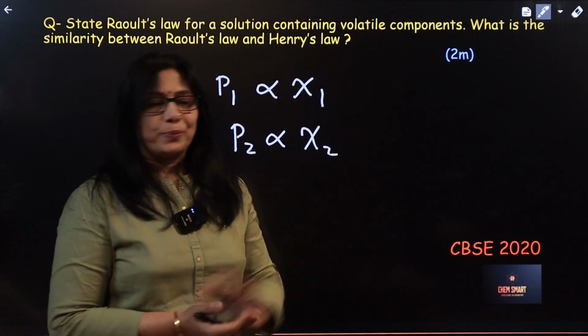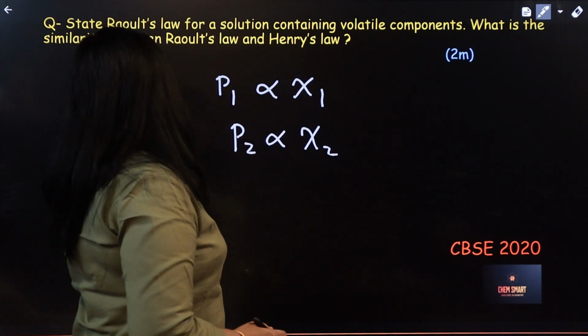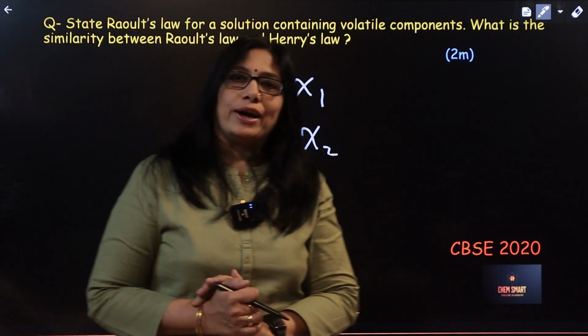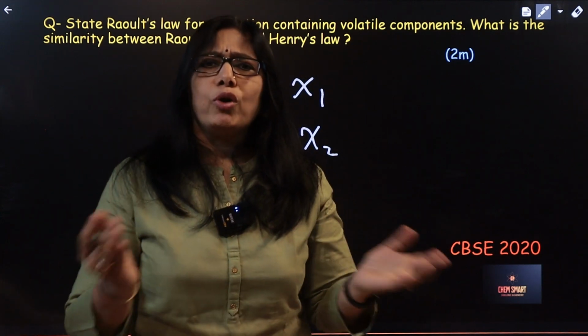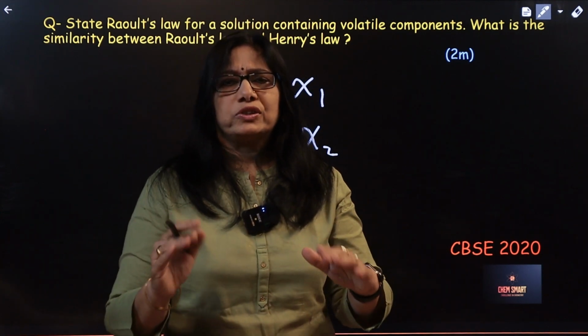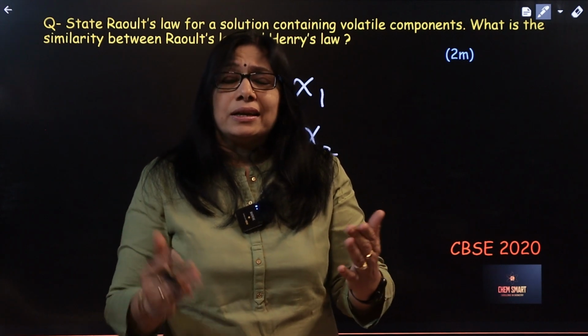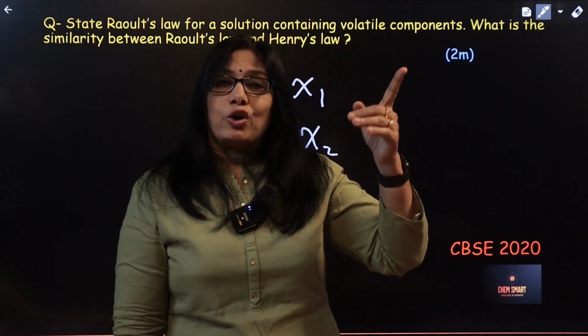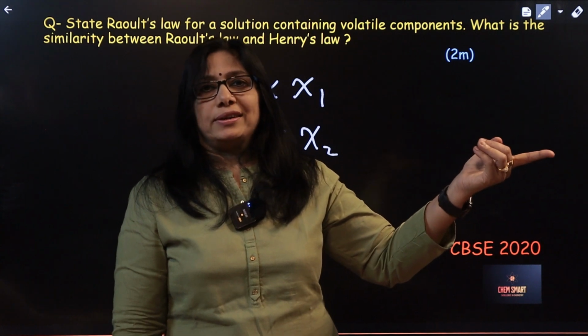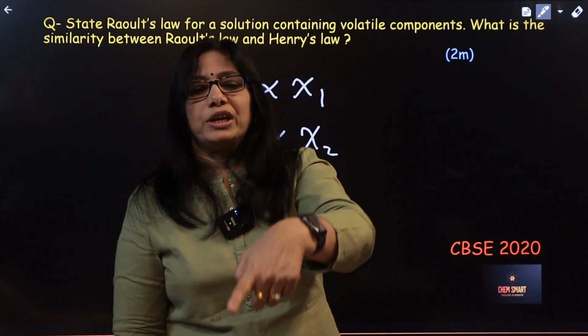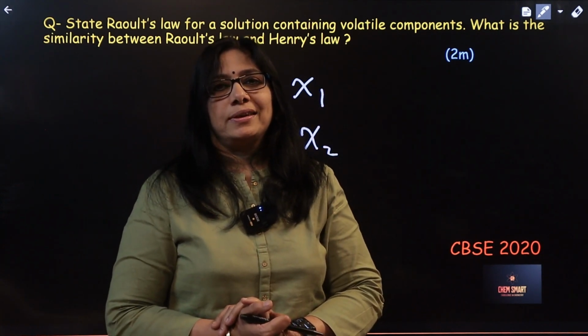That is Raoult's law. Now, what is the similarity between Raoult's law and Henry's law? You know, both Raoult's law and Henry's law state that the partial vapor pressure of the volatile component is directly proportional to its mole fraction in the solution.